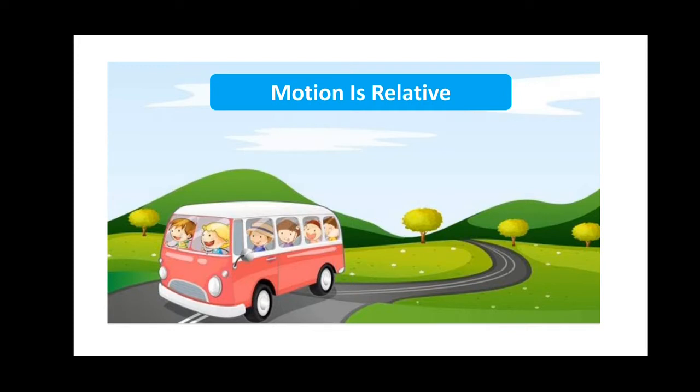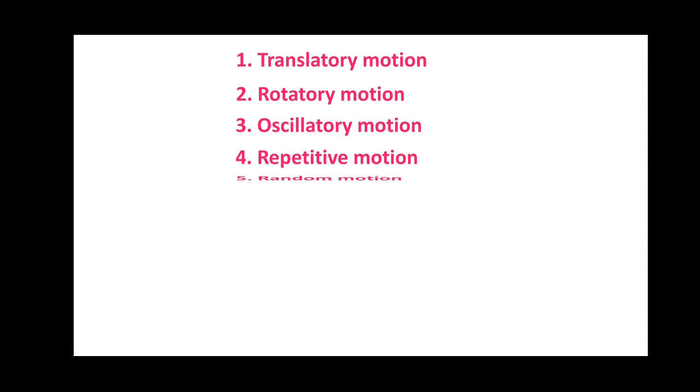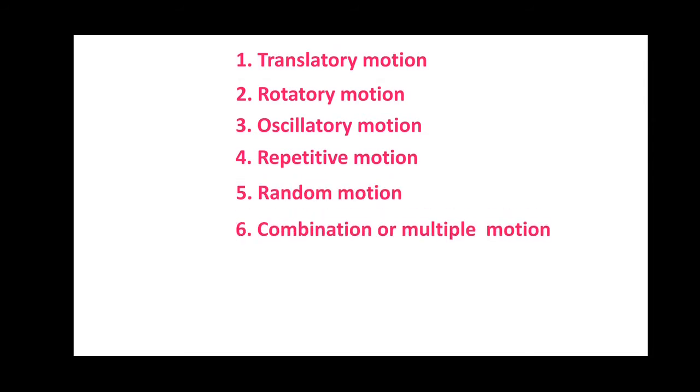Here in this chapter we will be learning mainly about 8 types of motions such as translatory motion, rotatory motion, oscillatory motion, repetitive, random, combination or multiple motion, uniform and non-uniform motion. So in coming classes, we will be learning in detail about these types of motions. Till then, take care and study well.